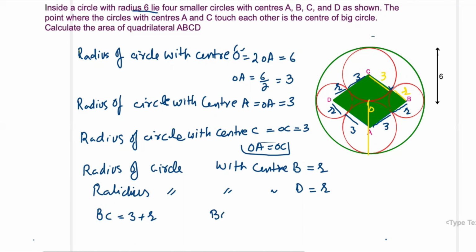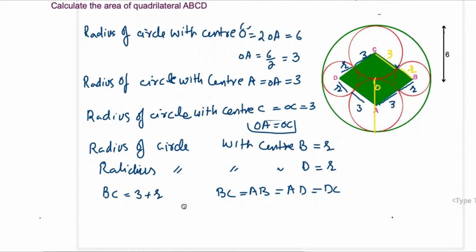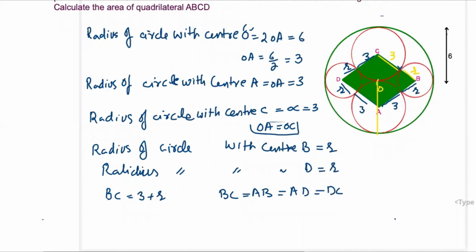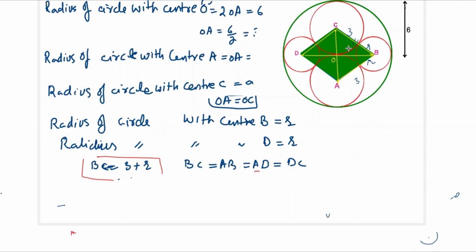Now you see here BC equals AB equals AD equals DC. All these sides are congruent. Now you see here BD and AC are perpendicular to each other. We write BD and AC are at right angle because BD is a tangent line to the bigger circle, and OC and OA are the radius.